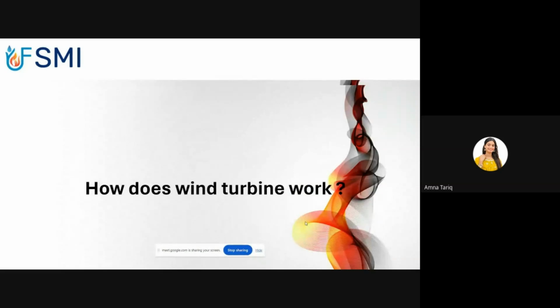The next is, how does a wind turbine work? Can anyone answer this question? If not, no problem. We know that wind pushes the turbine blades, pushing them to rotate. When wind strikes the blades, the rotation is created in a shaft connected to the gearbox.